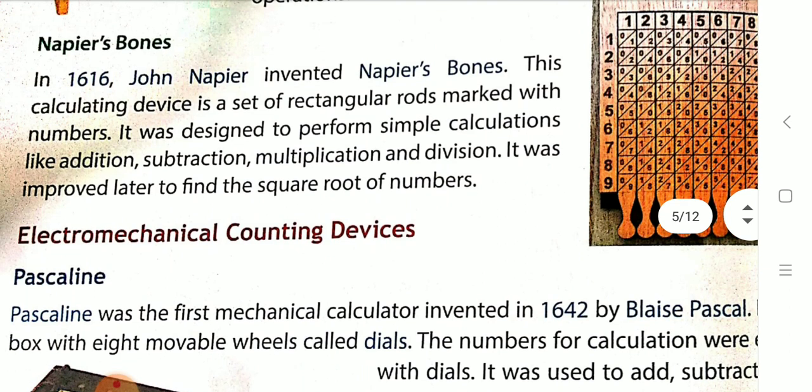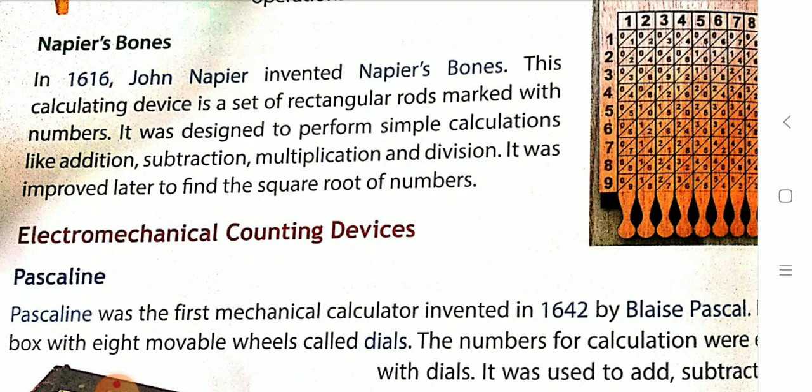Then another is Napier's bones. In 1616, John Napier invented Napier's bones. This calculating device is a set of rectangular rods marked with numbers. It was designed to perform simple calculations like addition.